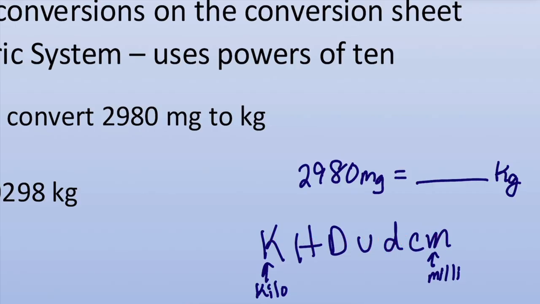Okay. So if we are going from a milligram to a kilogram, how many jumps does it take and in which direction? So we've got to go 1, 2, 3, 4, 5, 6 jumps to the left.